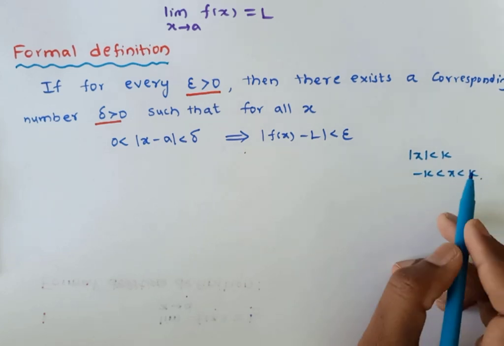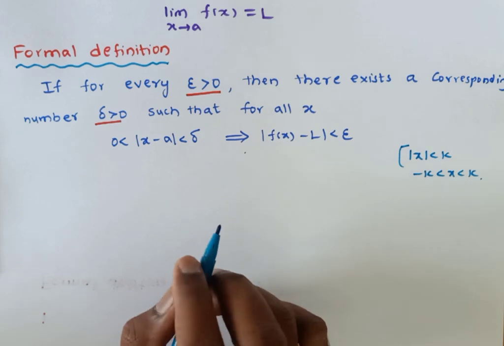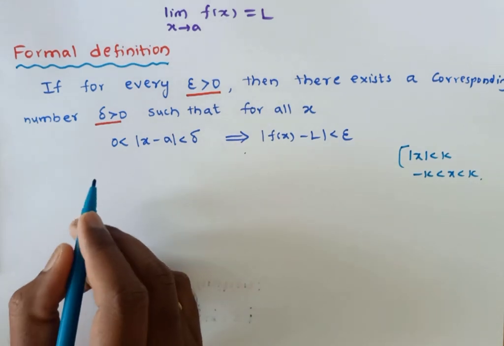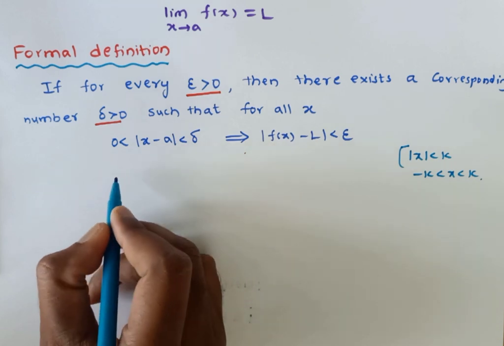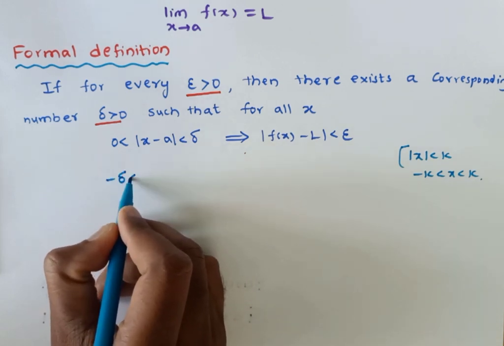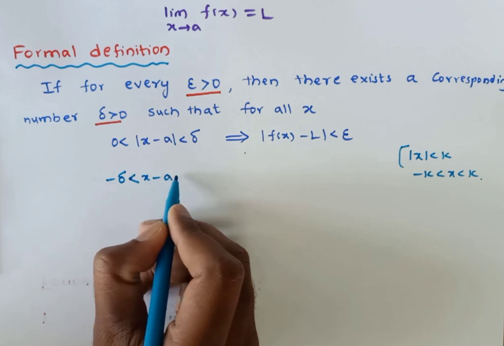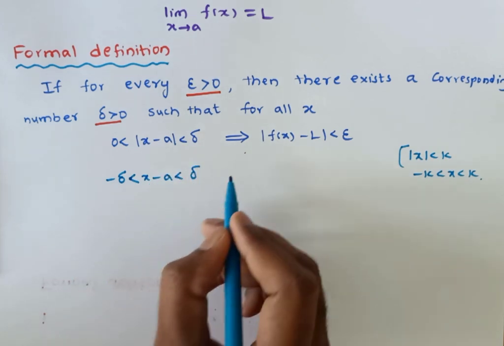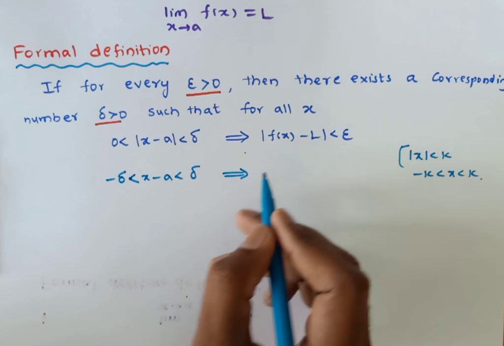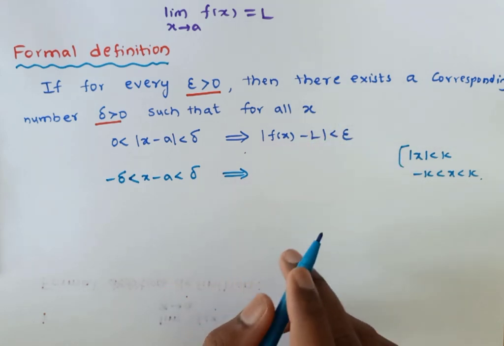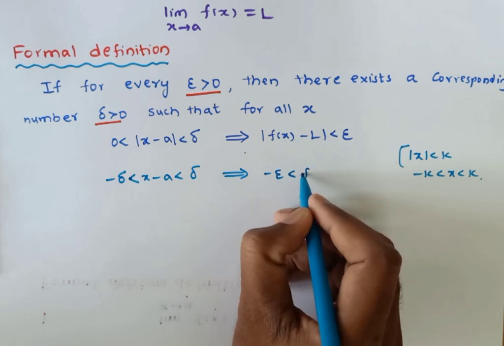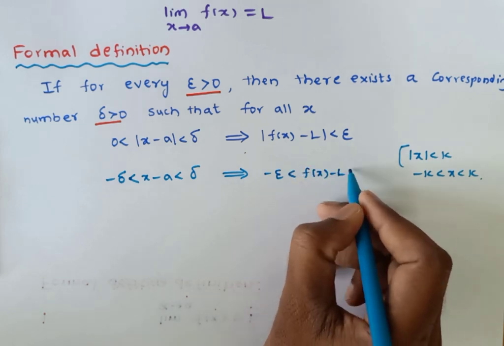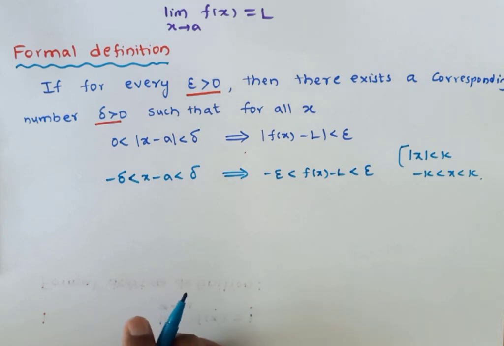By using this, mod x minus a is less than delta means minus delta is less than x minus a is less than delta, and mod f of x minus L is less than epsilon means minus epsilon is less than f of x minus L is less than epsilon.